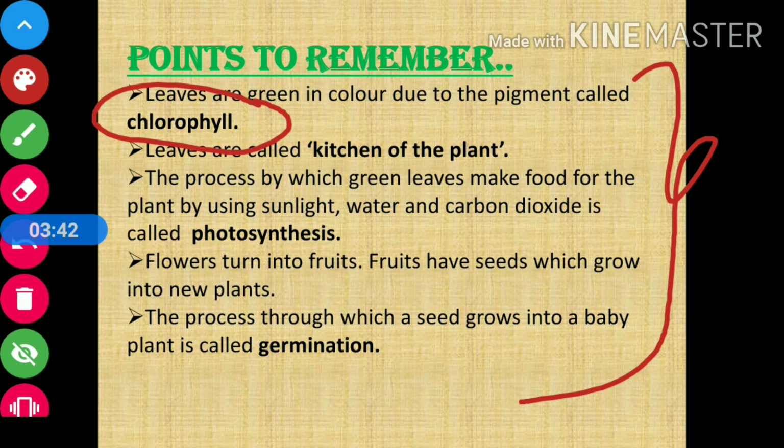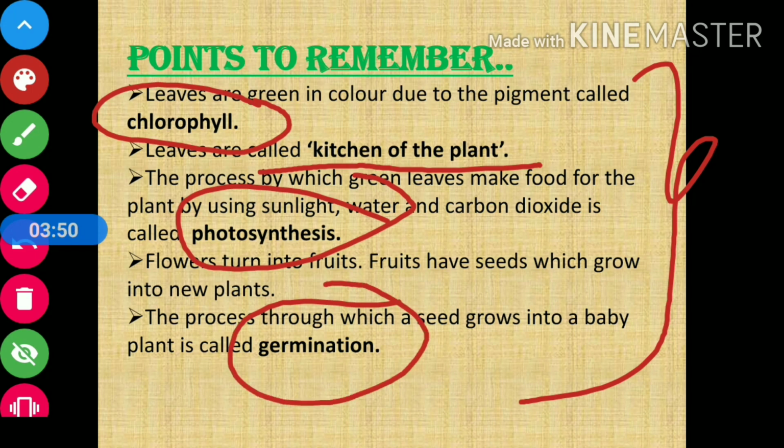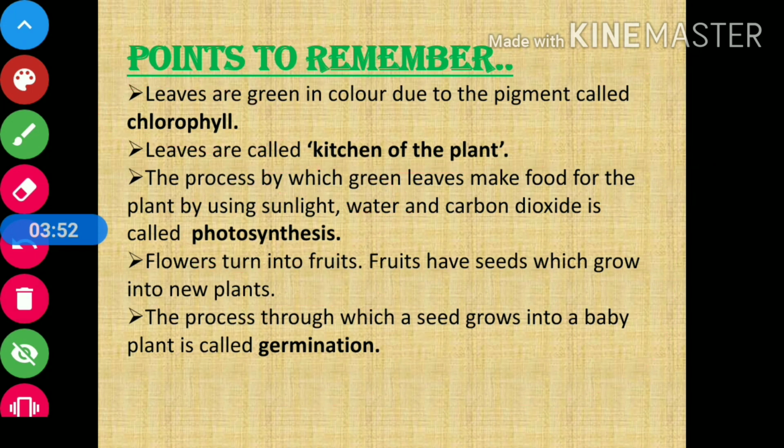We learned why leaves are called the kitchen of the plant. Then we learned what photosynthesis is and what germination is. We also learned that flowers turn into fruits, and fruits have seeds which grow into new plants.